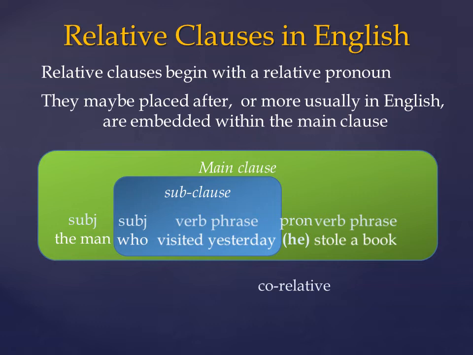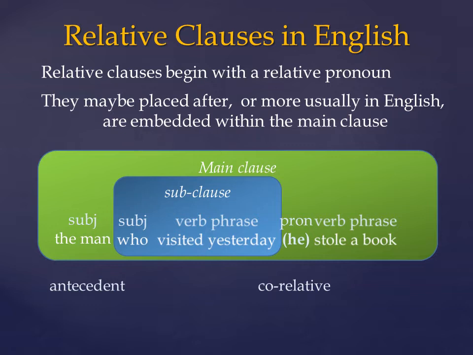And here both the relative pronoun of the subordinate clause and the correlative pronoun both refer back to the man. And the noun to which they both refer is termed the antecedent noun. Antecedent, in fact, literally means goes before. And so we get the man who visited yesterday, he stole a book.